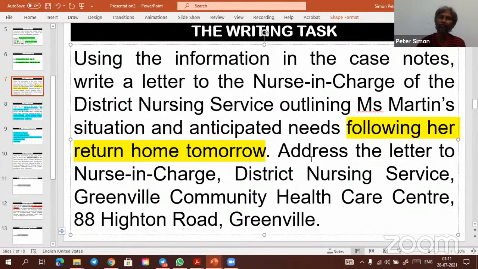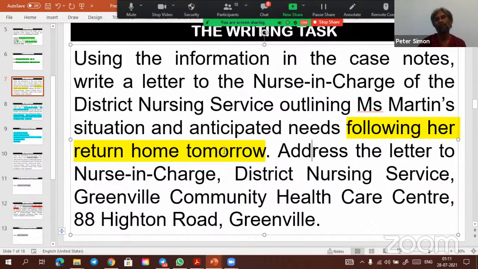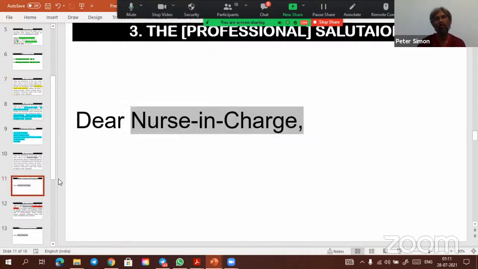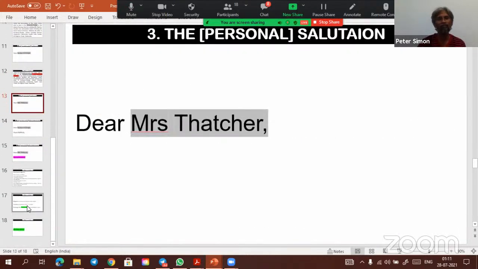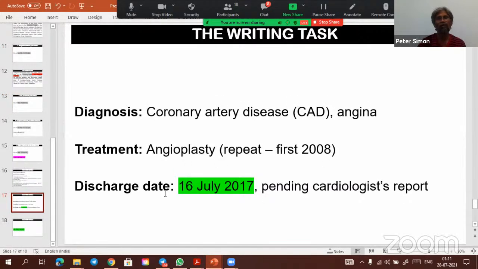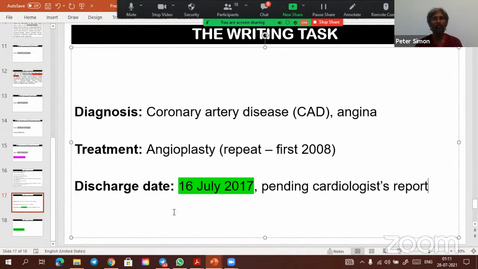You have to understand. Following her return home tomorrow. So if this is tomorrow, then what about this? Discharge date.